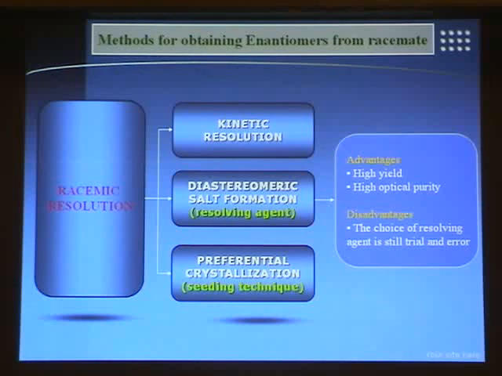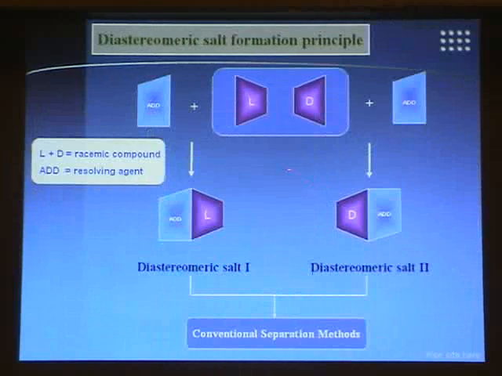The principle of this method is shown in this slide. Here, in solution, is the racemic compound. Some additive will interact with the isomers, forming diastereomeric salts, for example L and additive, or D and additive.